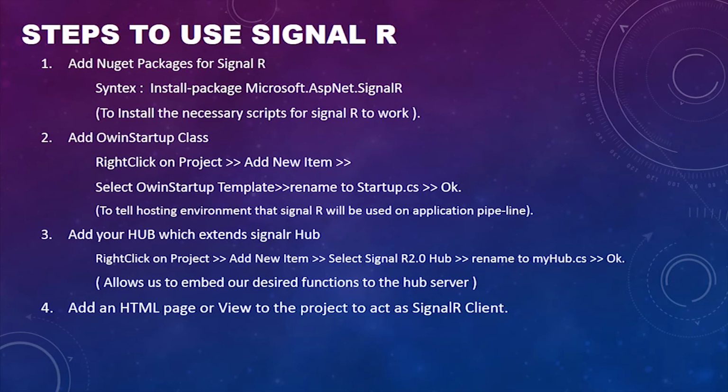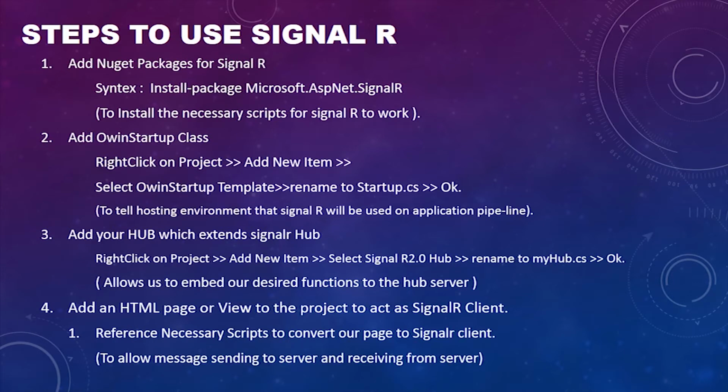The next thing is we need to add an HTML page or view to the project which will be acting as SignalR client. And to make it as a SignalR client, we need to reference some necessary scripts to convert the page to SignalR client. And the function of this activity is to allow message sending to the server and receiving from the server.